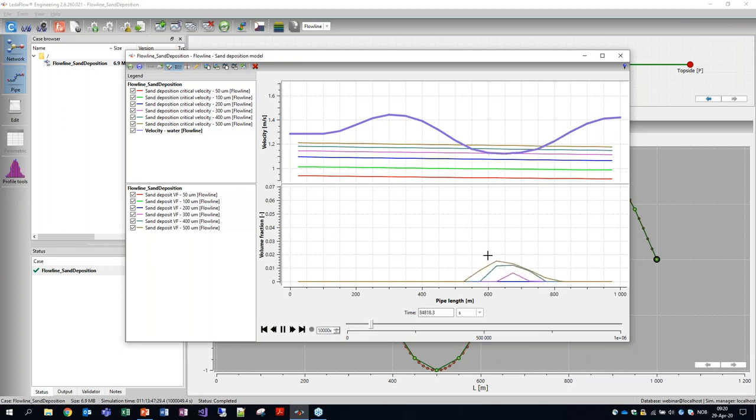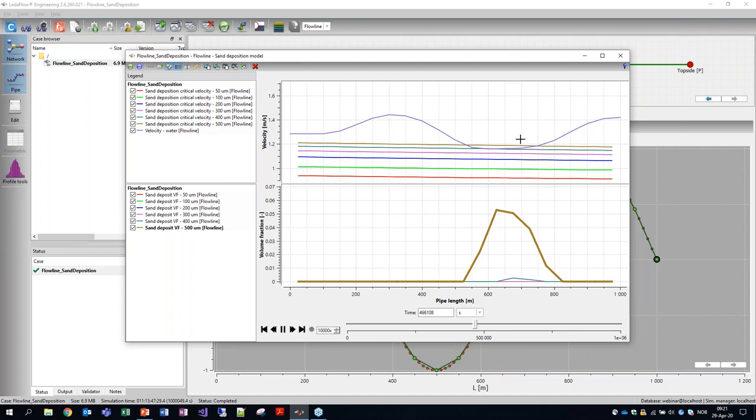So you can see the sand is now accumulating in this uphill section of the pipeline. It's only the two biggest particle sizes that are accumulating now. And while the sand is accumulating, you can see that the water velocity is increasing. This is happening because the sand is blocking the flow, which is causing the water velocity to increase again. And because the water velocity increases, this will basically turn into some equilibrium situation, where the velocity of the water phase will match exactly the critical velocity at steady state.